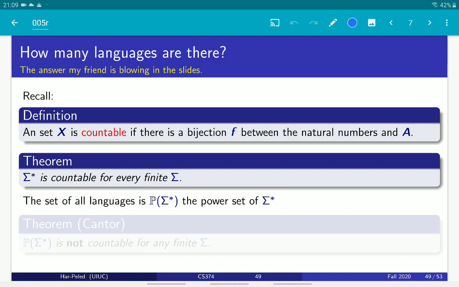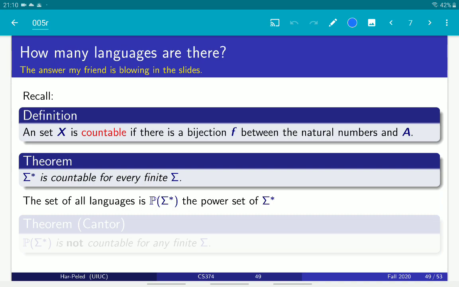So how many languages are there? This turns out to be a completely non-trivial question, because what are languages? A language is a subset of sigma star.